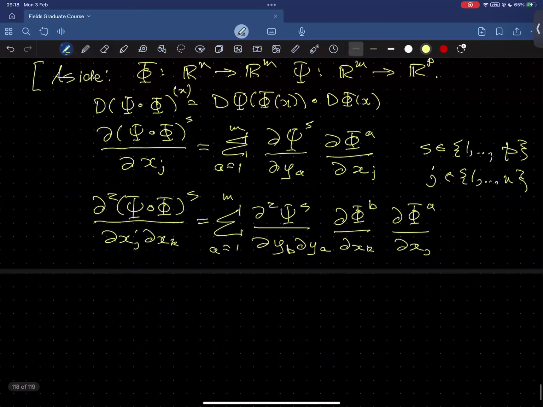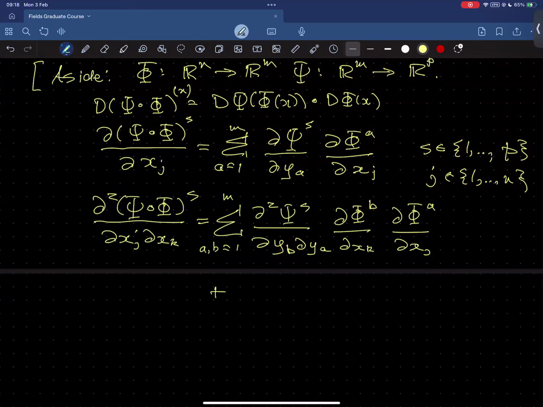Plus, and I also need to sum over b, just like I summed over a here, so a, b going from 1 to m.